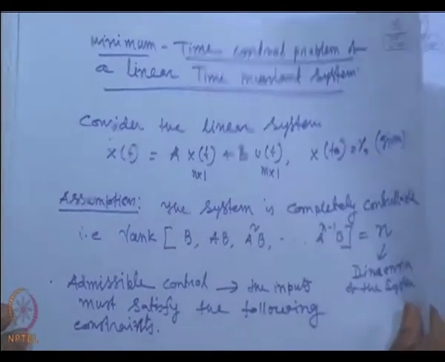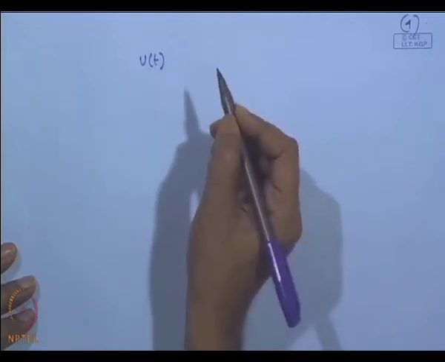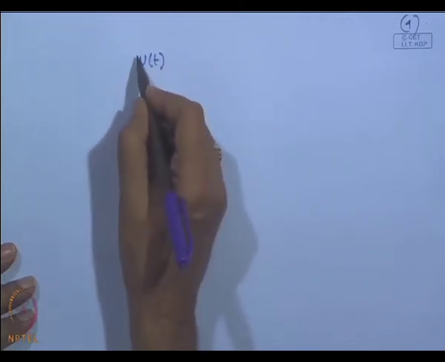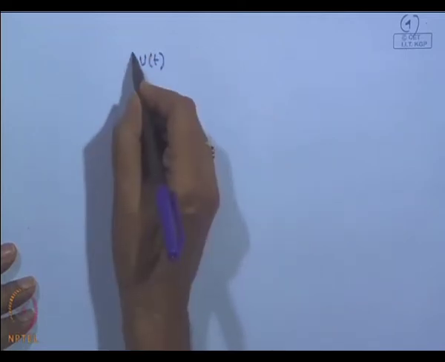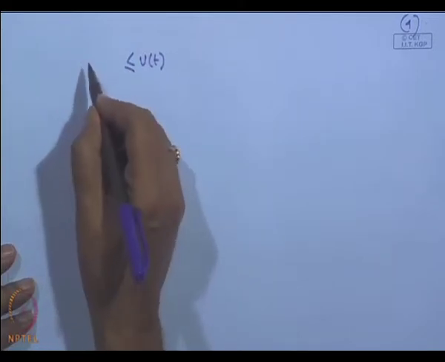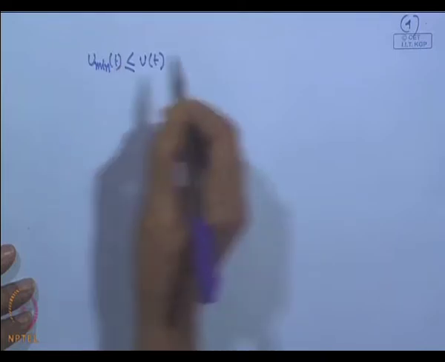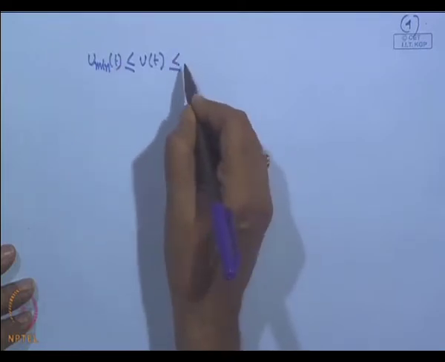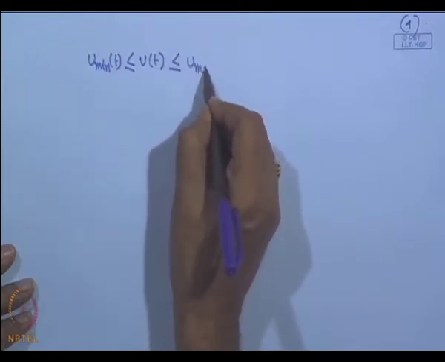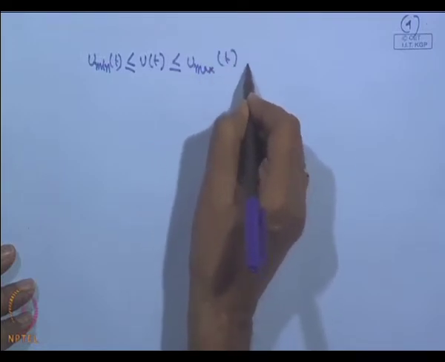So, what are the constraints imposed on the input? The control input u of t, coming from the design of the controller, must be restricted with u min of t less than or equal to u of t, less than or equal to u max of t.